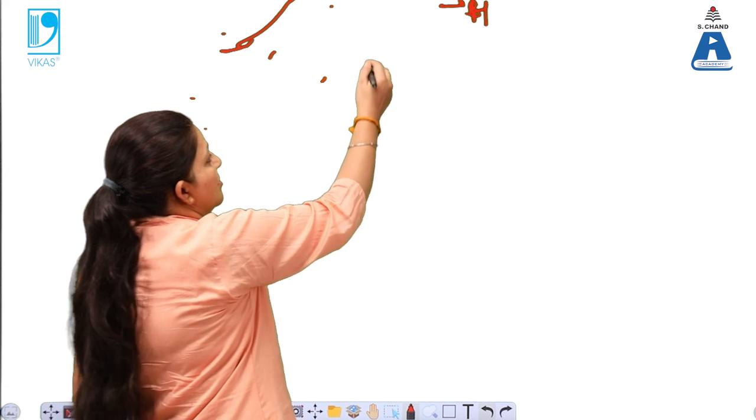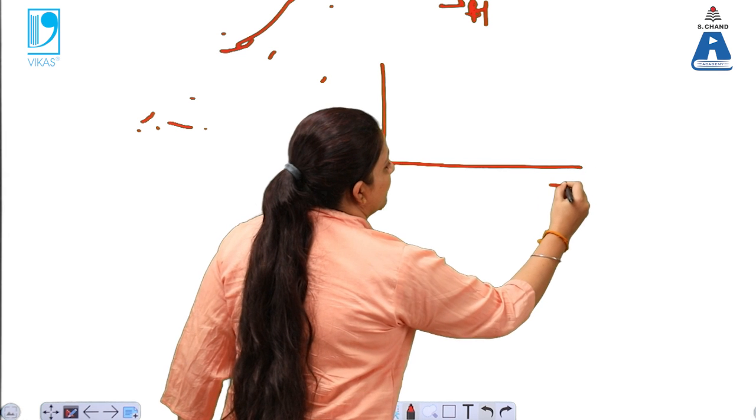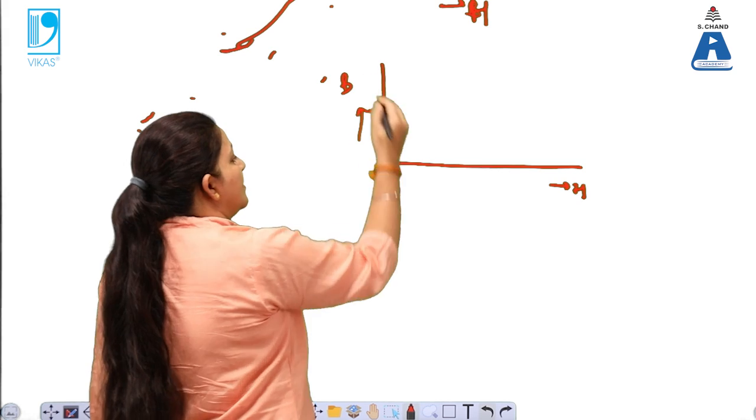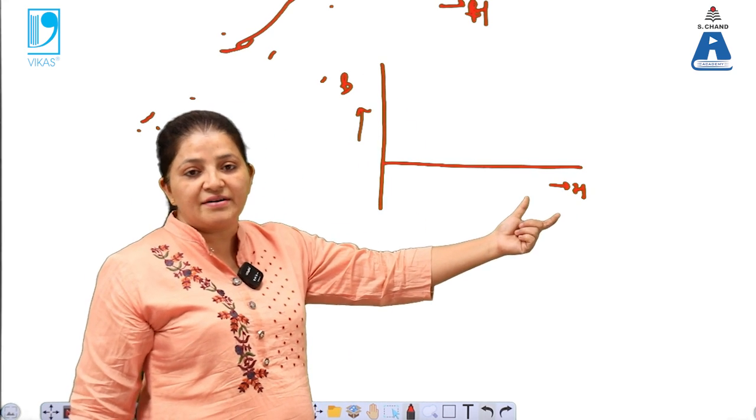So what is the BH curve? If here is H and B, in the starting, H is the field intensity.